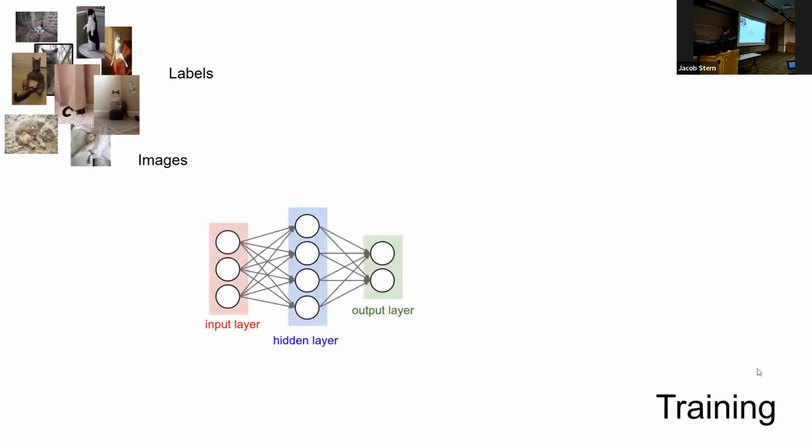Okay, so in the last 5 minutes, we're just going to put this all together in a big picture. We have a data set, images and labels, and a neural network. We pass our inputs, our images, into the neural network, which produces a predicted score for each image.